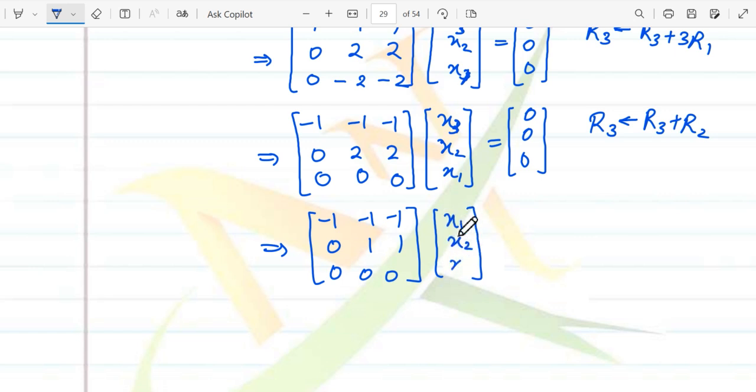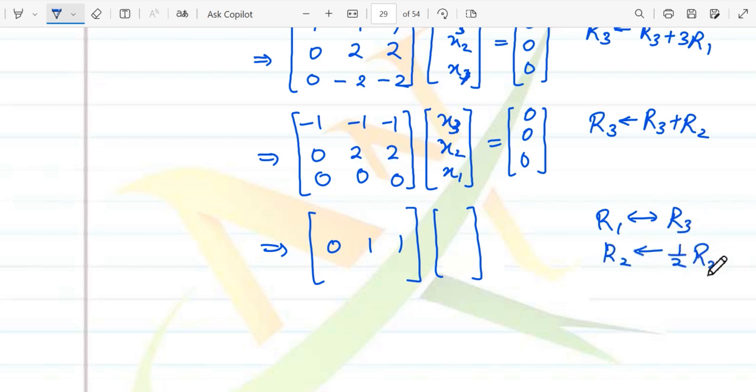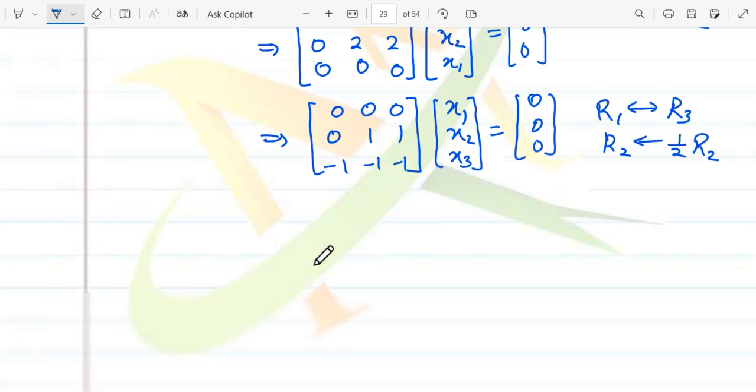x1 x2 x3, सीधा कर लीजिए, R1 is replaced by R3 and R2 is replaced by 1 by 2 into R2, that is 0 0 0, x1, that is 0 0 and that is -1 -1 -1, 0 0 and 0.